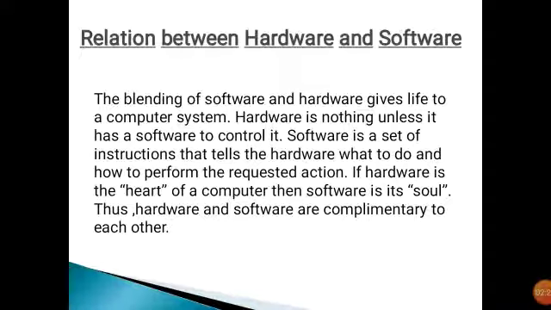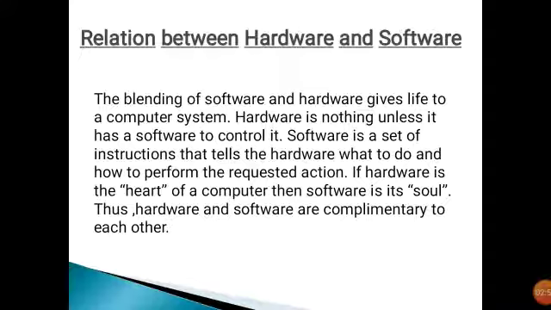The relationship between hardware and software. The blending of software and hardware gives life to a computer system. So, to run a computer, both are required. Hardware is nothing unless it has software to control it.